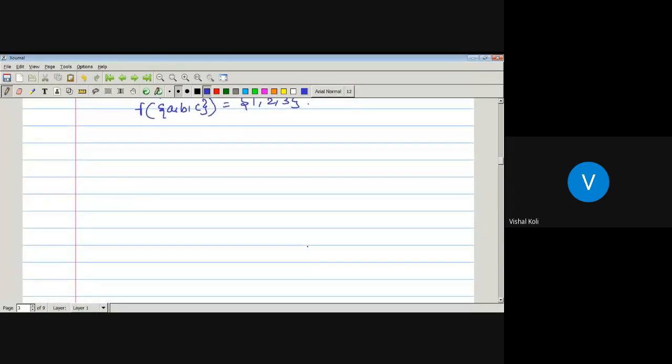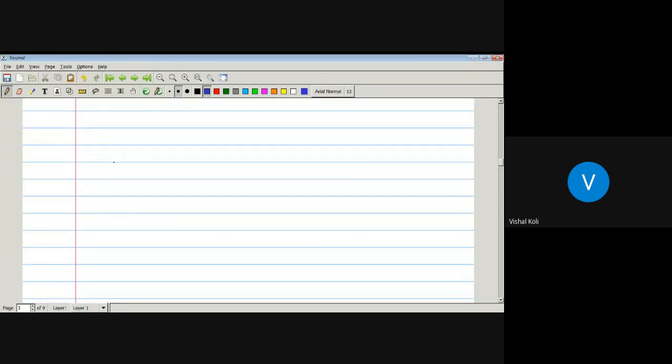Now if we draw its Hasse diagram, here somewhere will be phi. Then three elements, singleton A, singleton B, singleton C. Let us join these.